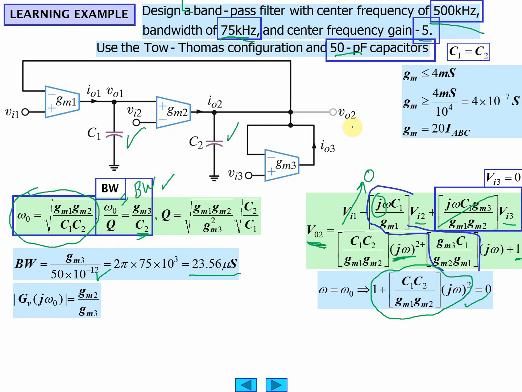Okay. And then you get the overall gain, which would be V out 2, which is this guy, divided by V in 2, gives you the overall gain at the center frequency. And figuring all this stuff out, lots of number crunching, you get this equation here.